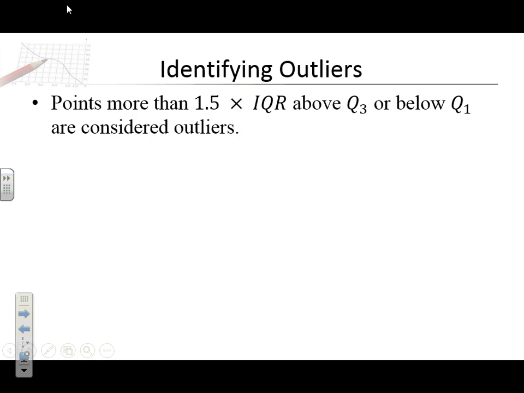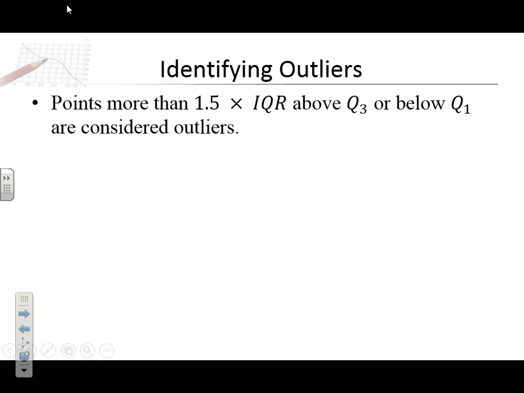So they might be unusual, they might not follow the pattern exactly, but they might not be far enough away from the pattern that we actually consider them to be an outlier. We don't consider them to have that big of an effect on our non-resistant measures. So we use what's called the 1.5 IQR rule.